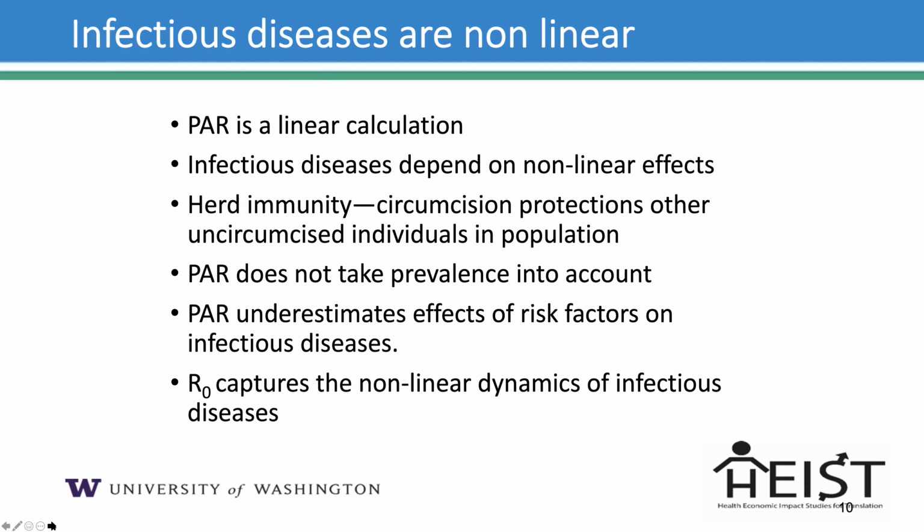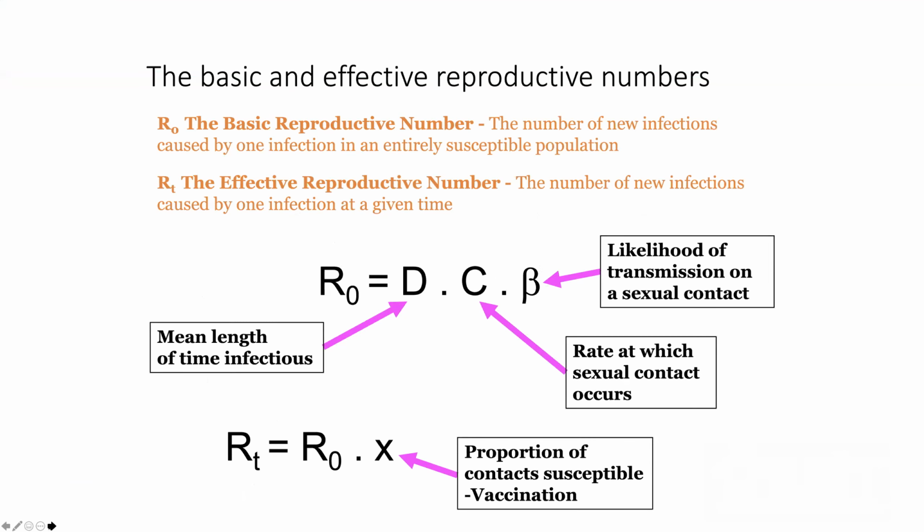When we use mathematical models for infectious diseases, we can capture R0, which captures the nonlinear dynamics of infectious diseases. And I love that everyone now is talking about the R0 of SARS-CoV-2, and everyone knows what it is. So R0, the basic reproductive number, is the number of new infections caused by one infection in an entirely susceptible population.